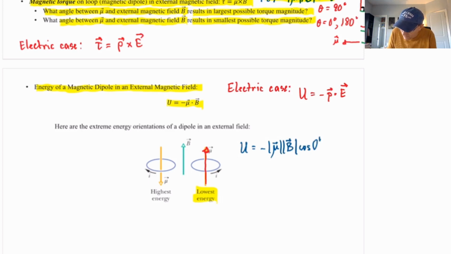And the cosine of 0 is positive 1, so this is just negative magnitude mu, magnitude B. That's the lowest possible energy.